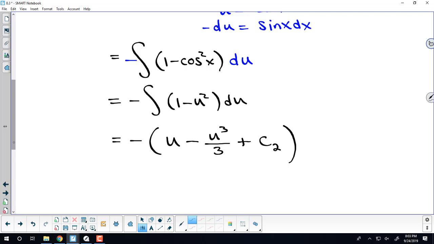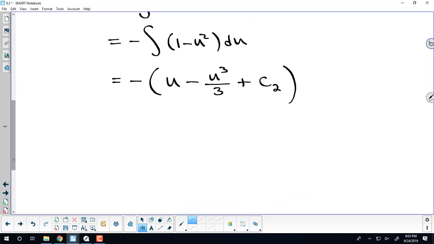But then the negative comes in here and multiplies that constant, which turns it into another constant. So however you want to handle your constants, I usually think it's just easier to put them in at the end. Okay, so distribute the negative that we had out front and then resubstitute.